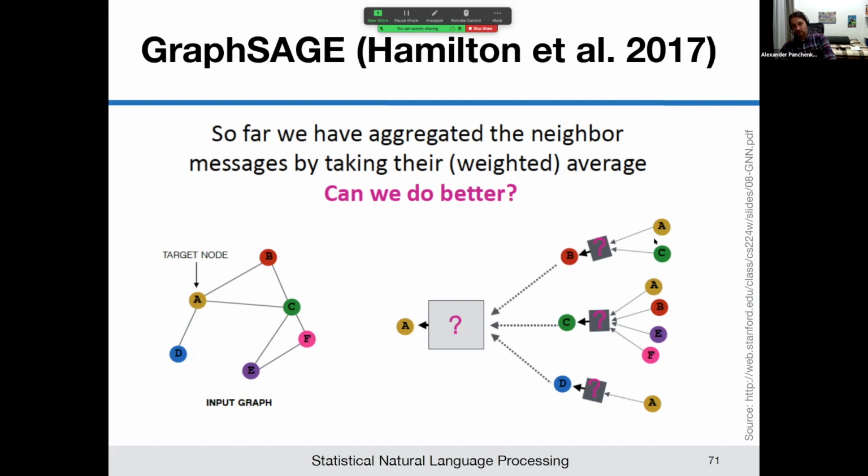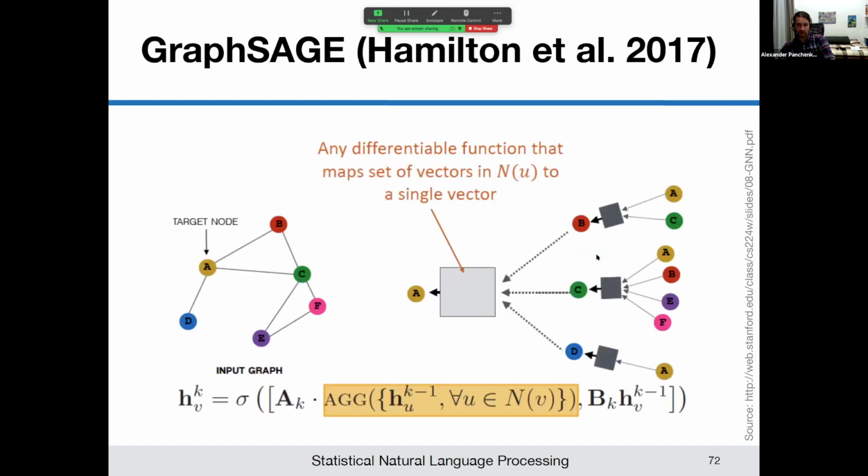You have messages of previous hidden states of this guy and this guy, and then you just perform an unweighted average, and you use this information. You perform some nonlinear transformation, some multiplication of this aggregate information by some weight matrix. But the aggregation is done through a simple average. Now, in this approach, they generalize this idea. They tried several different aggregation methods.